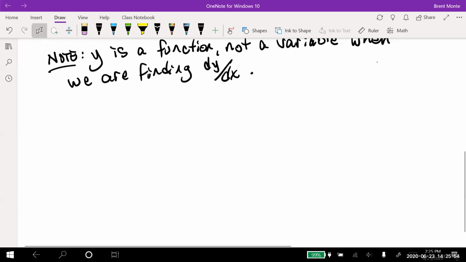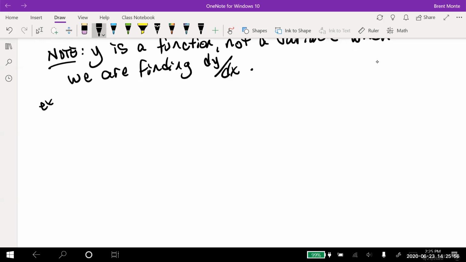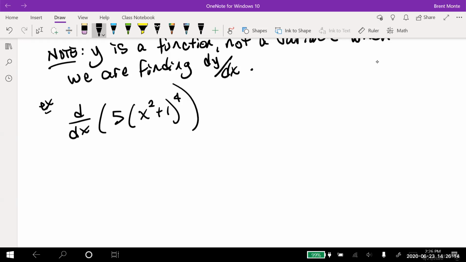Okay, so suppose I was taking, for instance, think about this. Say I'm trying to take the derivative with respect to x. And let's say it's something like 5 times x squared plus 1 to the 4th. We know how to take the derivative of that. We use the power rule. We bring the 4 down, multiply by the 5. So we're going to get 20.